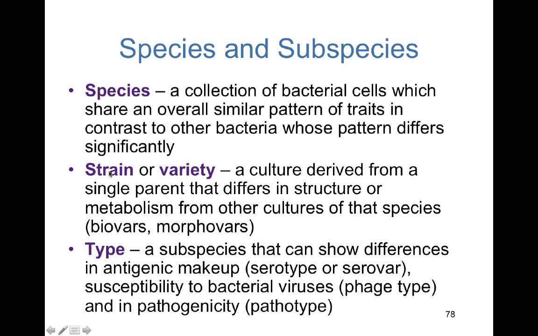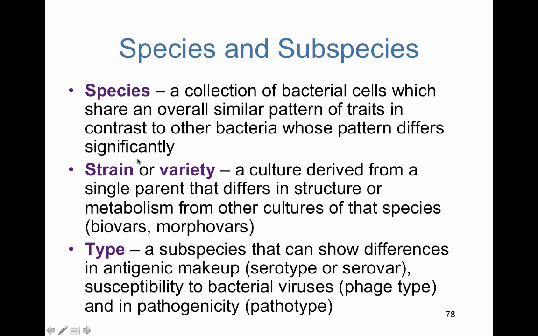Now, a few terms to cover here that are unique to bacteria, and this is with regards to differences in the species of bacteria, or different types of bacteria. A species is a collection of bacterial cells which share an overall similar pattern of traits, in contrast to other bacteria whose pattern differs significantly.